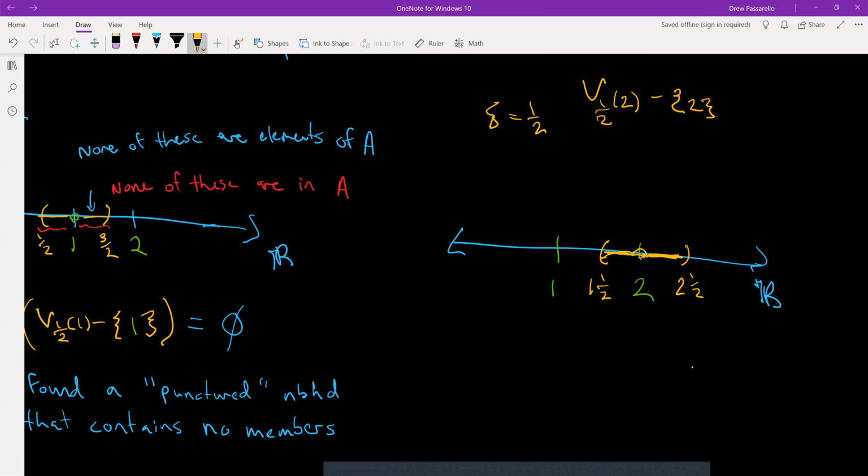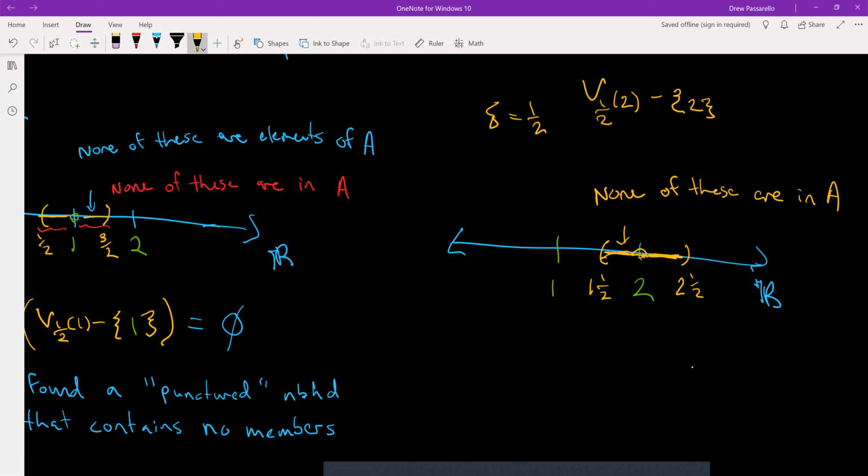And so all of these values are values that are not in A. None of these are in A, right, because A is just 1 and 2. Since it's a punctured neighborhood around 2, you're not including 2 itself anyways.